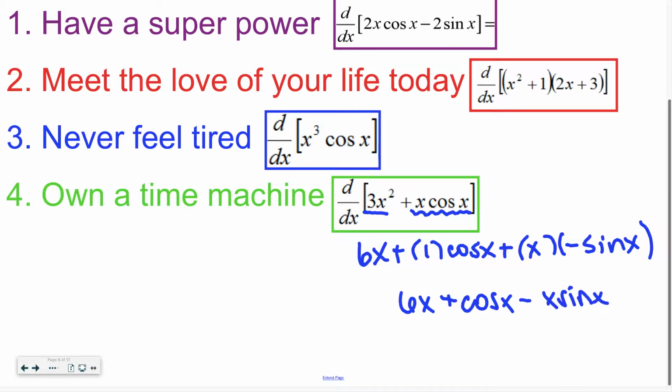I'm a little OCD, but you don't have to. You can leave it with all those parentheses. If you don't practice this, are you going to remember it? No, you're not. You've got to practice it to understand it, okay?